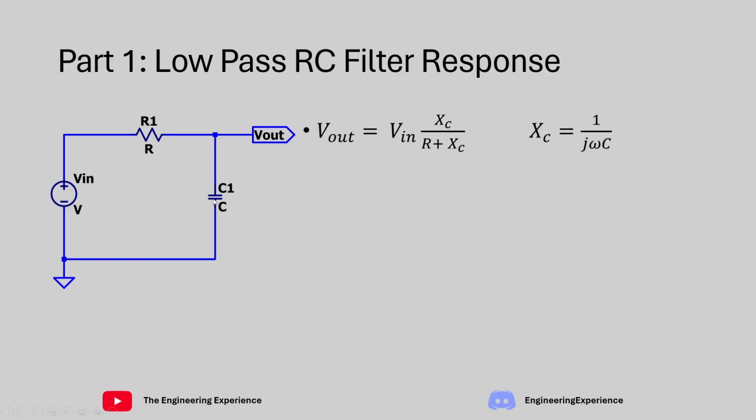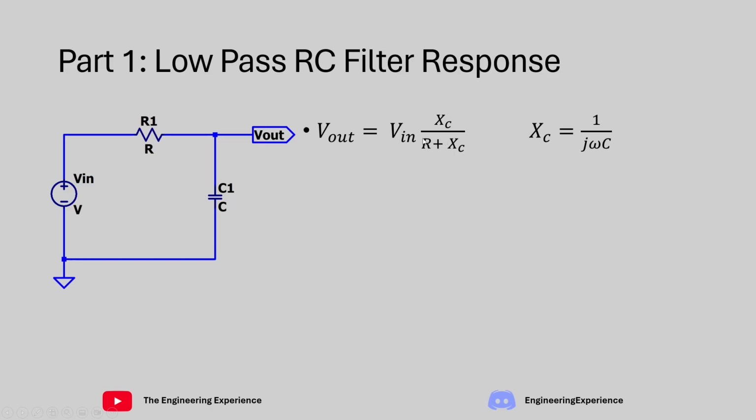Just looking at it as a potential divider with, let's say, resistance 1 and quote unquote resistance 2 over here, we would have the impedance of the capacitor divided by the resistance of R1 plus the impedance of the capacitor.